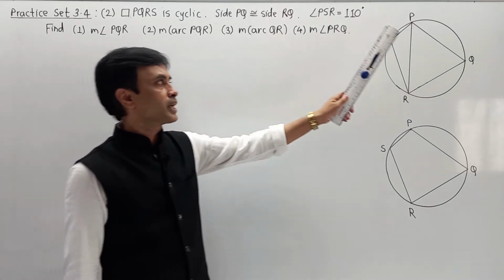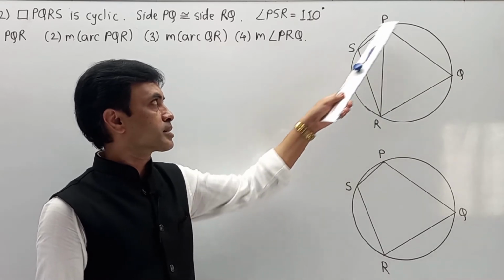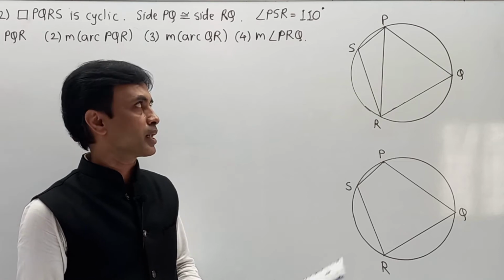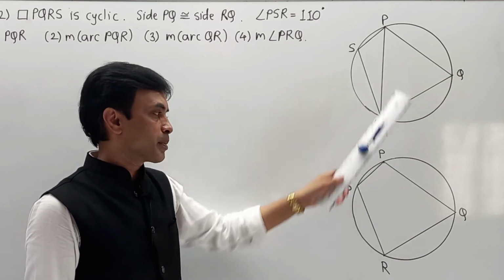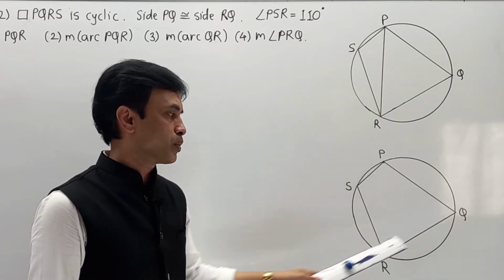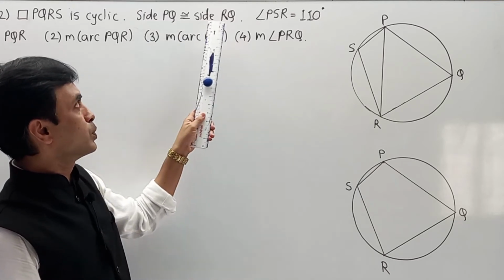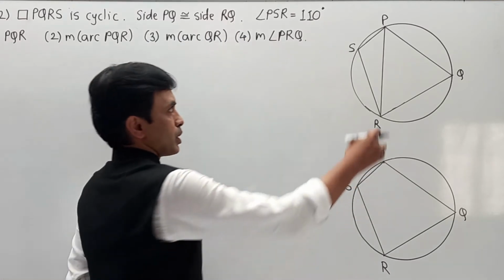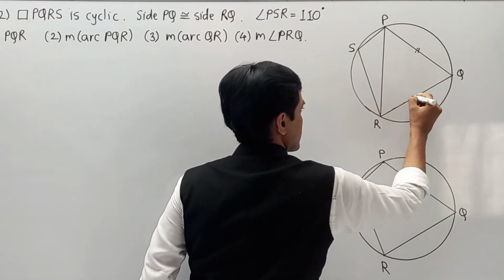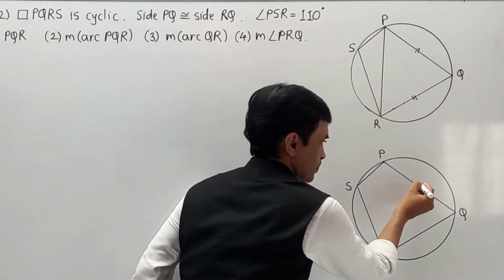Now try to understand the entire question from a diagram. PQRS is cyclic, means you can say cyclic quadrilateral. I have drawn the same diagram over here for your understanding. PQRS is a cyclic quadrilateral, in which they have given side PQ equal to side RQ, meaning this side is equal to this side.